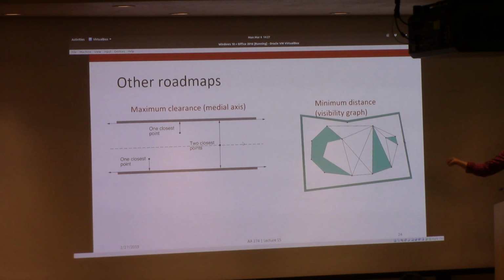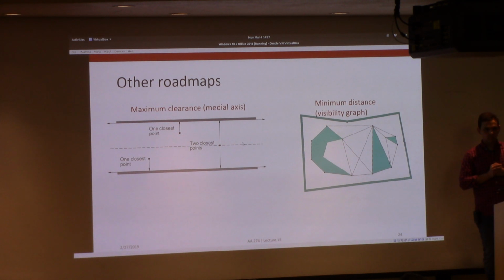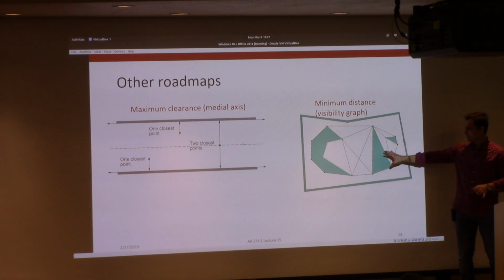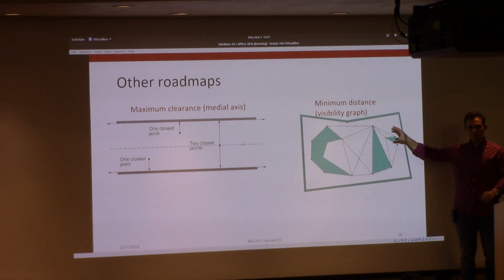So this is a pre-processing step that we do before we are even given the query, which is the start and the goal configuration. What would be our next step given those queries? This is a graph that is based only upon the location of the forbidden regions in the problem.